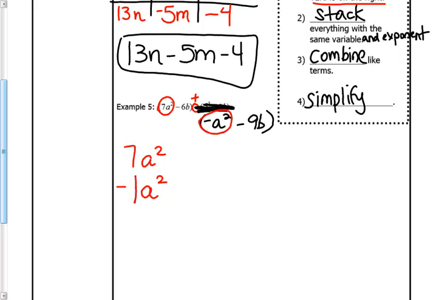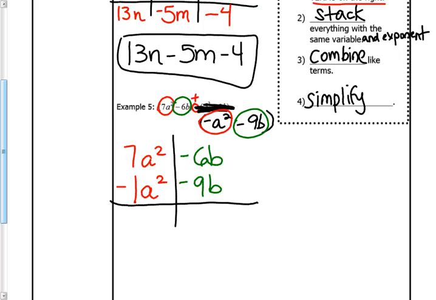So this is really negative 1a squared. Then I have a negative or a minus 6b. Do I have any other term with a b? If I look here, I do. I have this negative 9b. Okay, combine like terms. So we're going to add.